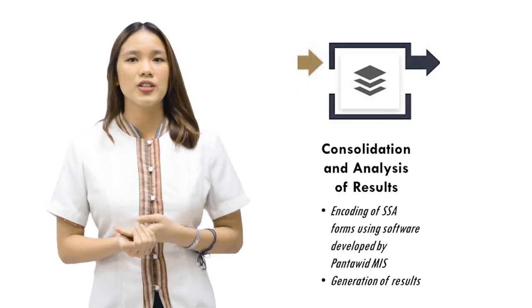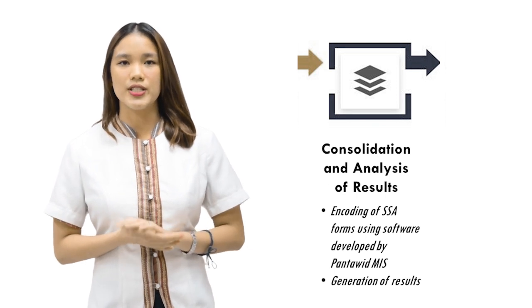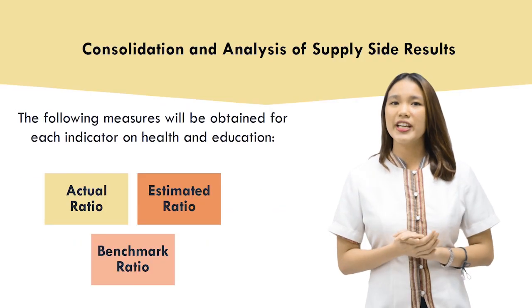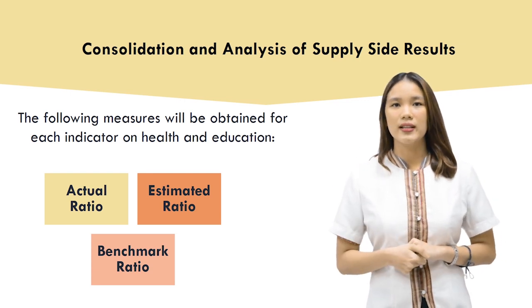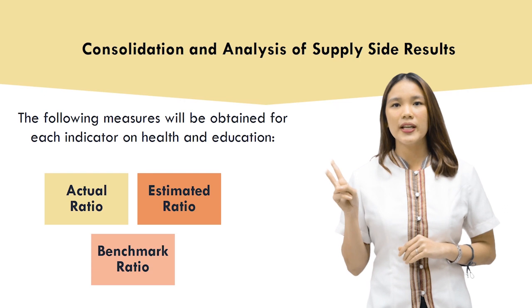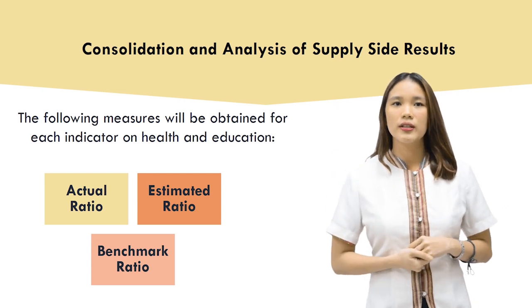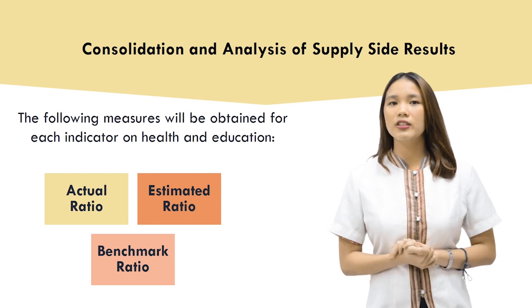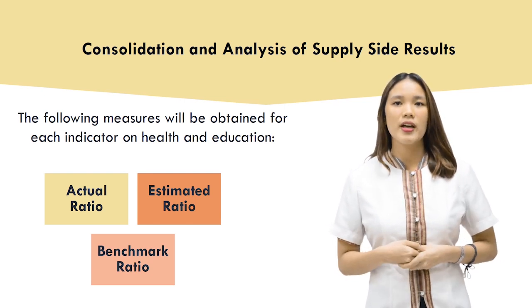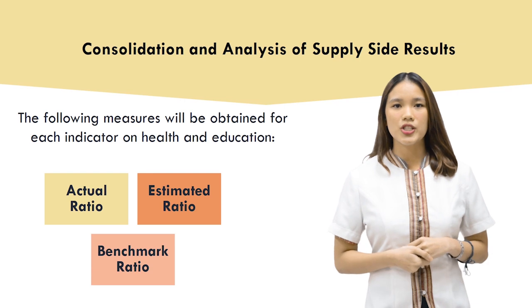We now come to the consolidation and analysis of the results. For each indicator, there will be 3 measures that will be obtained: the actual, estimated, and the benchmark ratio. The benchmark ratio is calculated based on the official ratios of the Department of Health and the Department of Education.